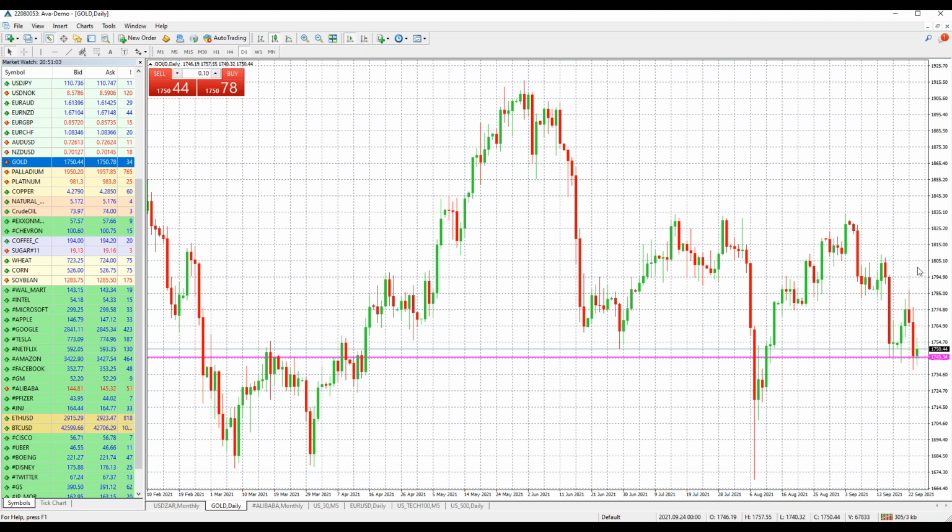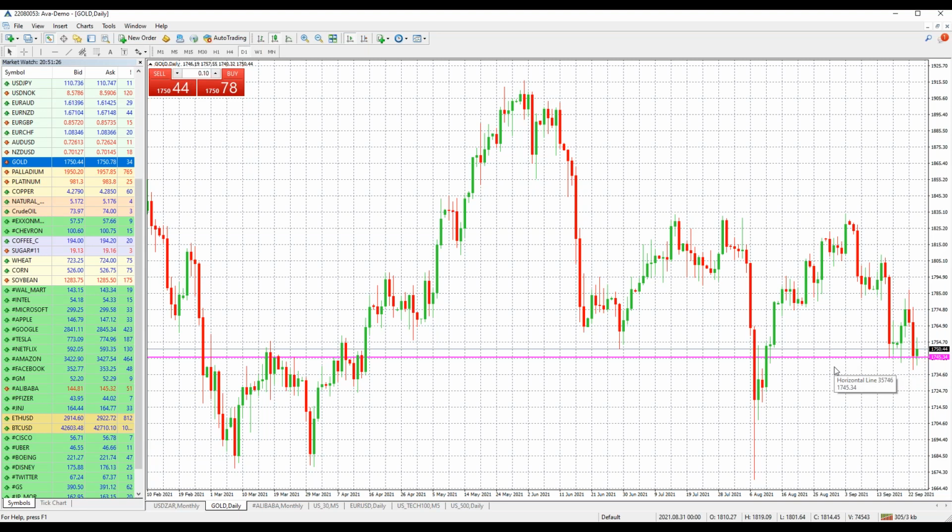So we could bounce a little bit over here. And if I remember correctly, I mentioned last week that the possibility of a U.S. government shutdown would be positive for gold. Maybe that's the reason gold is holding here. So it looks like it's found its support at 1745, at least for now.